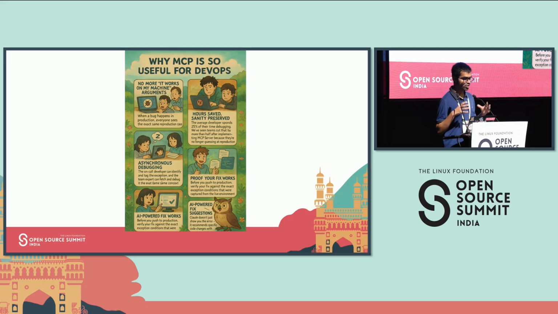So we have seen a lot of impactful things happening with MCP, and this has led to the adoption of a lot of open source projects incorporating their own MCP servers. Whether you talk about Kubernetes, today you can use the Kubernetes MCP server to not just interact with Kubernetes clusters in natural language, but also diagnose them in natural language.